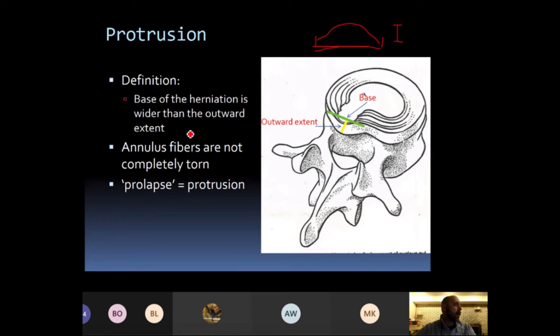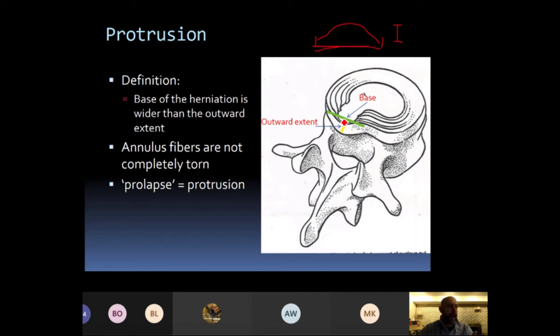Oftentimes, the annulus fibrosis is not completely torn. This is not part of the definition, by the way. So don't worry about whether, as you're seeing it drawn here, the nucleus pulposus tears through multiple fibers, maybe just not the entirety of it. That is typical of a disc protrusion, but it's not a requirement.